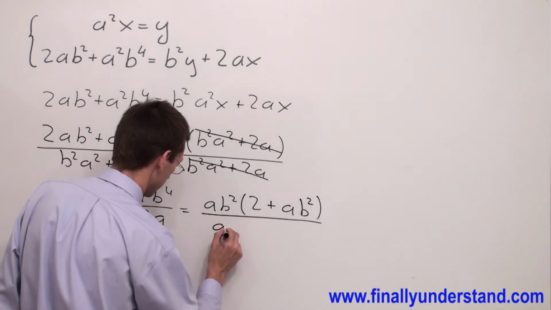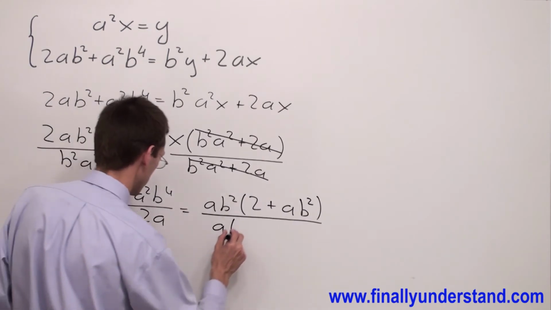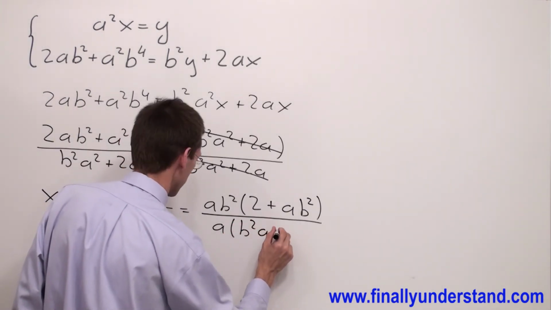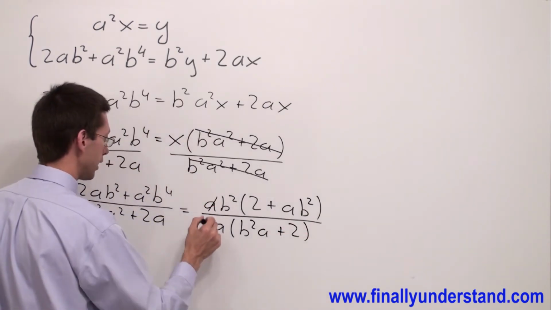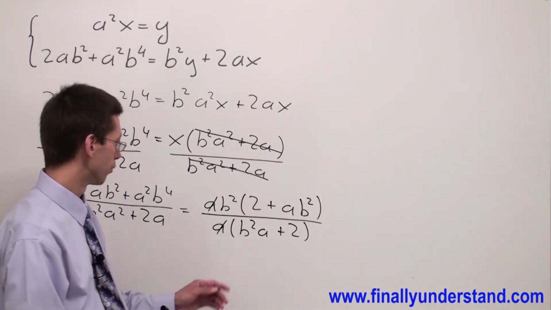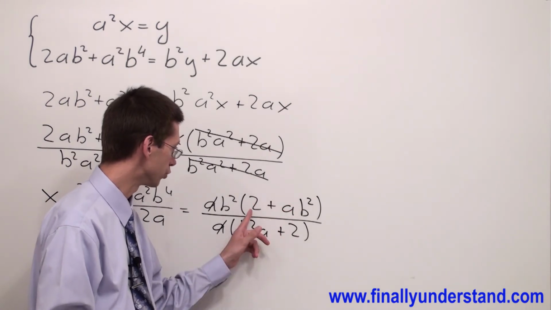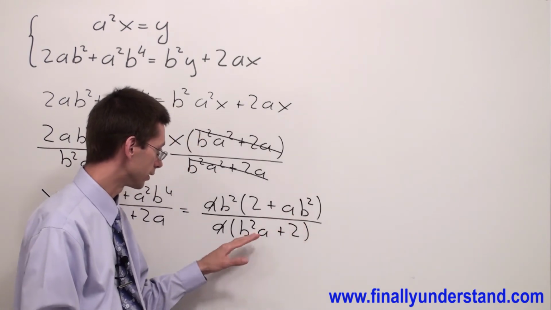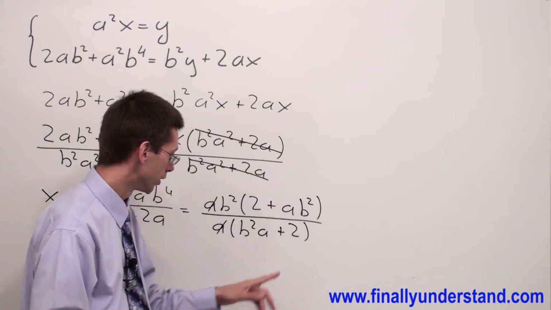I have a. And inside of the parentheses, I'm going to have b squared a plus 2. A and a will cancel out. And what I have in this parenthesis and what I have in this parenthesis, I have 2 plus ab squared. And in the denominator, I have b squared a plus 2.